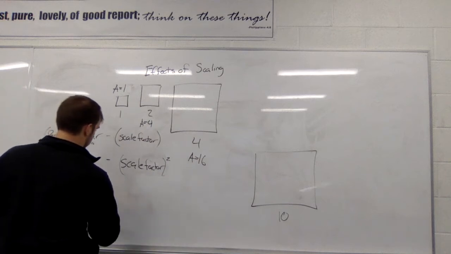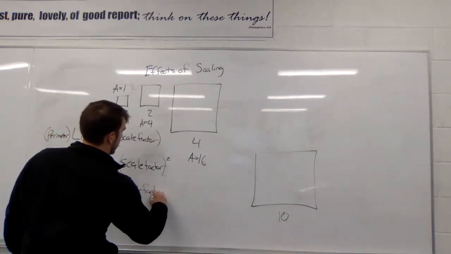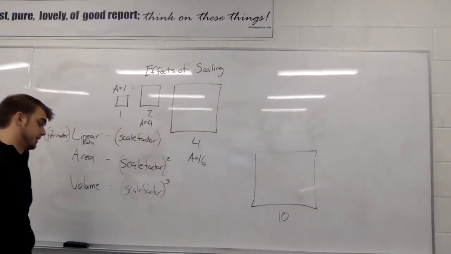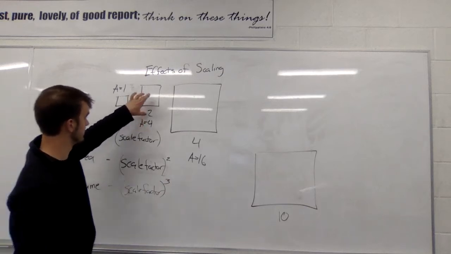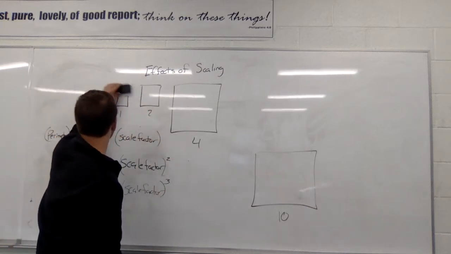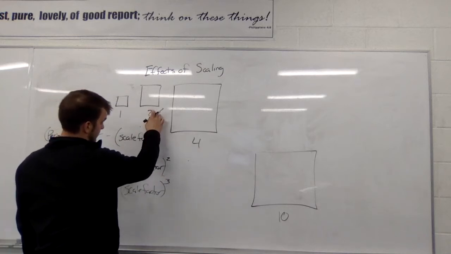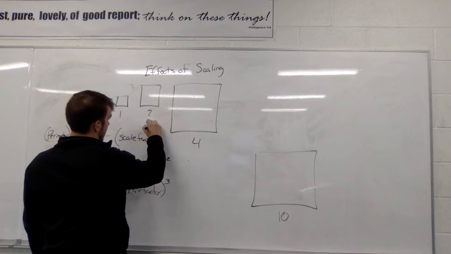Then for your volume, you take your scale factor, and since it's three-dimensional, you cube it. So, for example, let me just go from this one here to the biggest one. So the volume of this shape here would be 2 times 2 times 2, length times width times height, that is 8.